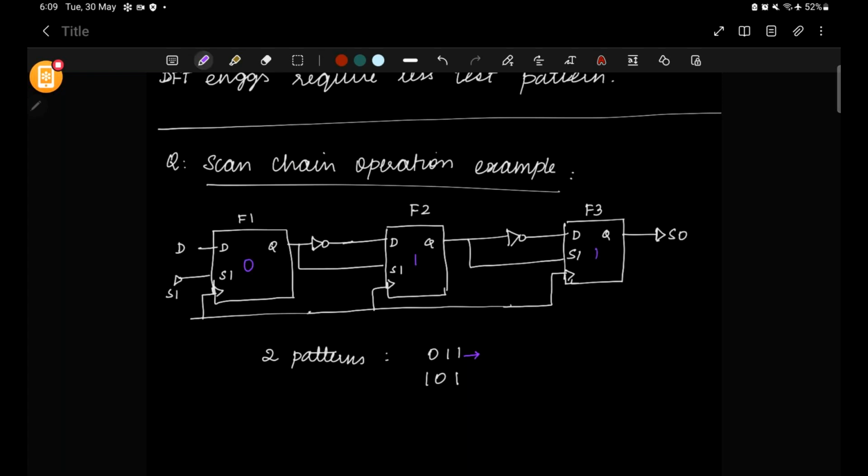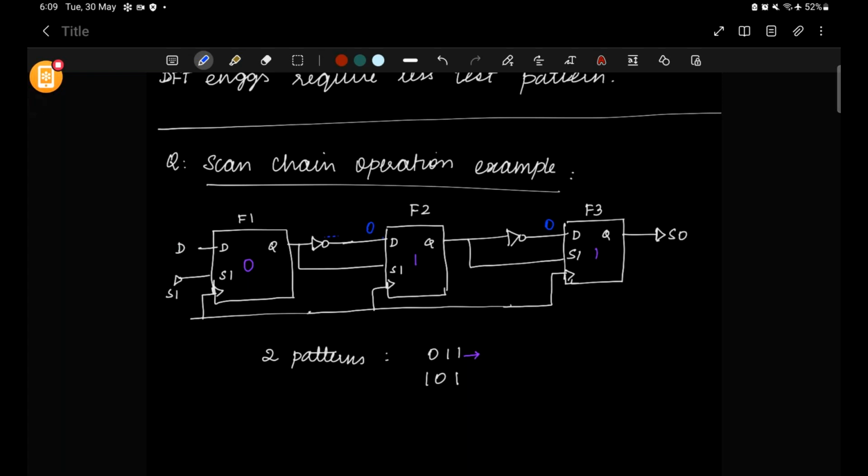This one, through this NOT gate, would have come and stayed at the D input of this flop. And this 0, through this NOT gate, would have stayed at the D input of this flop. The D input of this flop will be coming from a primary input.